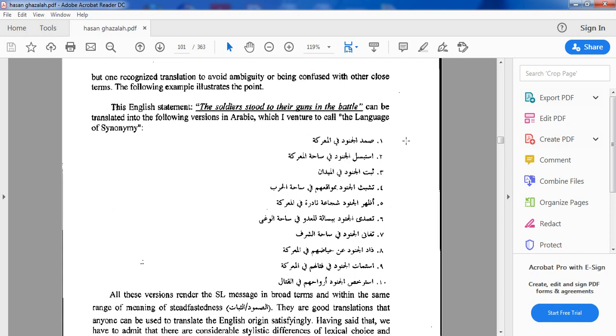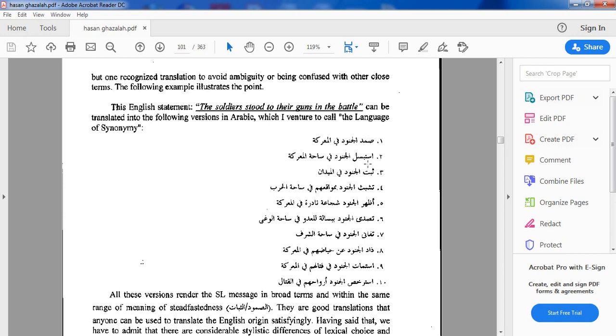So the multiplicity of meaning, or the synonyms, is in the translation, not in the main text or the source language text. Okay, and all those sentences are acceptable translations for this sentence, the soldiers stood to their guns.